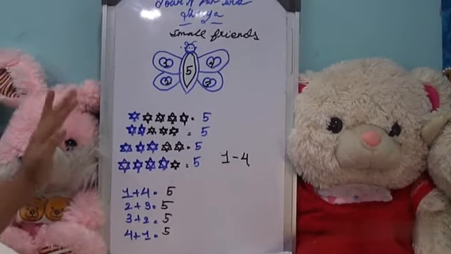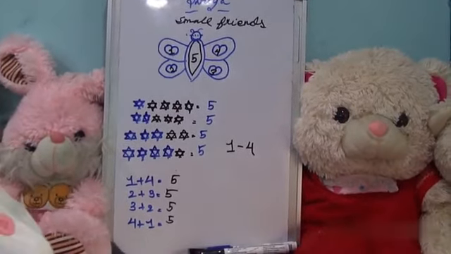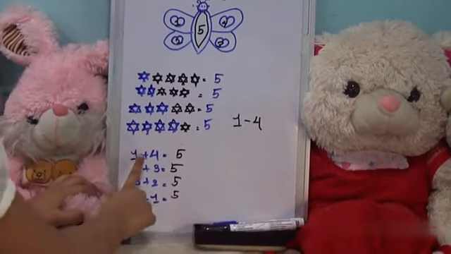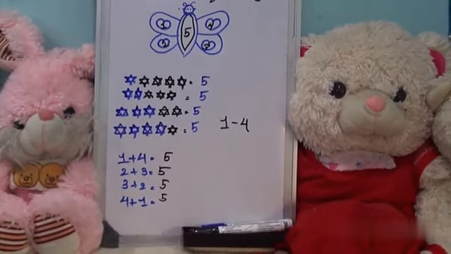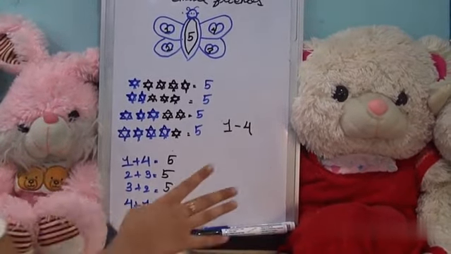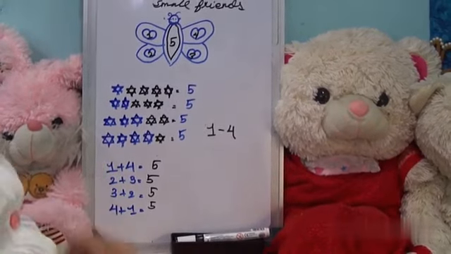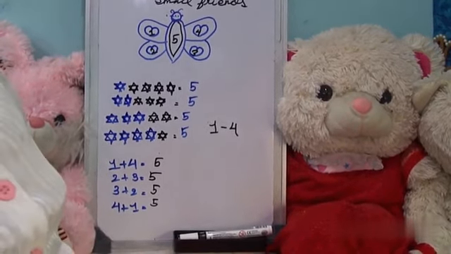So now this is 2 stars and 3 black stars. As I said earlier, addition may be a little bit easier. So what is 2 plus 3? 5.